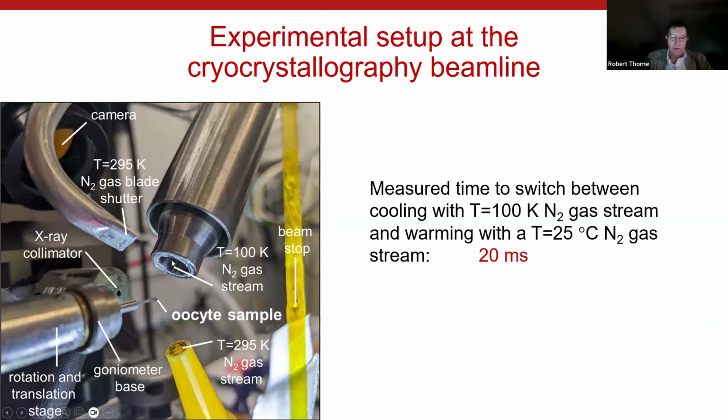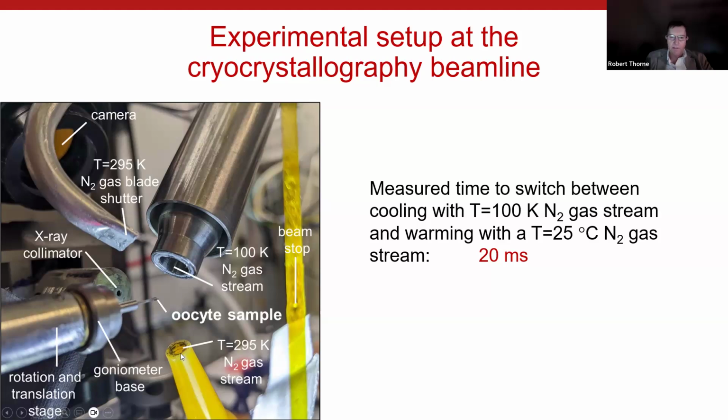To keep the sample cold, we have this nitrogen gas cryostream. It sends a 100 Kelvin nitrogen gas stream at the sample, keeping it cold. And then when we're ready to warm the sample, we have this little narrow slot. It acts as an air blade. We turn on high pressure gas, and it blows across and blocks the cold gas flow.